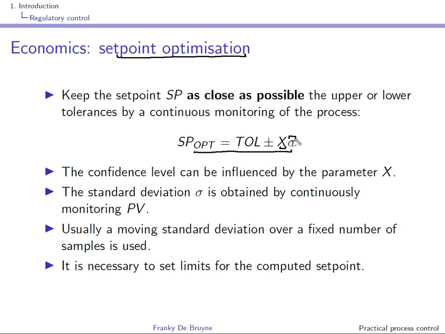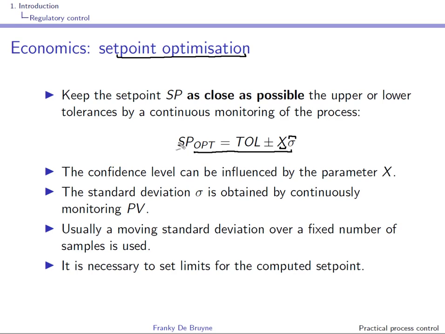You compute the standard deviation and then you obtain the set point, so that the set point was fixed. But you can actually monitor the standard deviation in a continuous fashion. Okay, what you could do is, for instance, compute a moving standard deviation over a fixed number of samples, and what will happen is that sigma will change so that you can continuously adapt the set point.